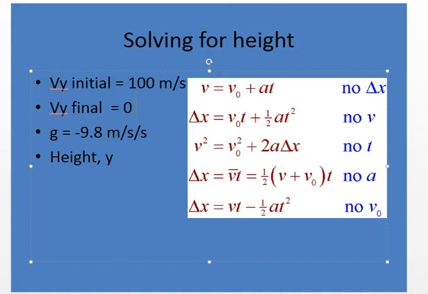And then I would use a formula that has the initial V, the final V, G, and H (or Y) in it. And that would be this one right here. In other words, no time. We don't have any time here. So I would use this formula right here, and I would plug in 0 squared equals 100 squared plus 2 times negative 9.8, and then solve for y.